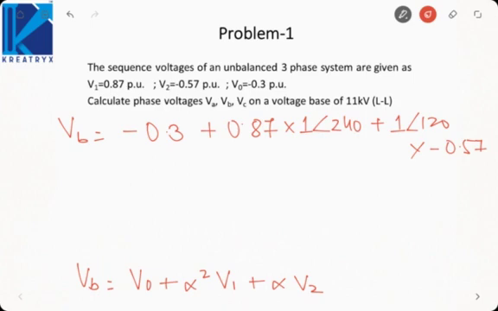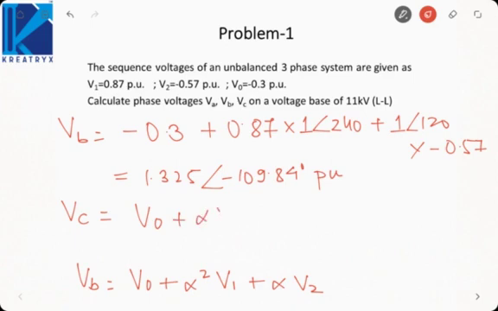So this will come out to be 1.325 angle minus 109.84 degree pu.